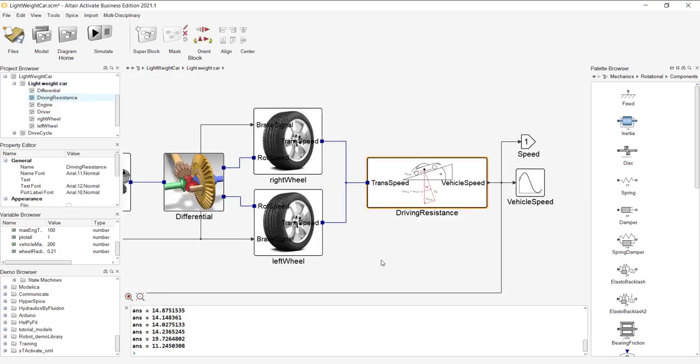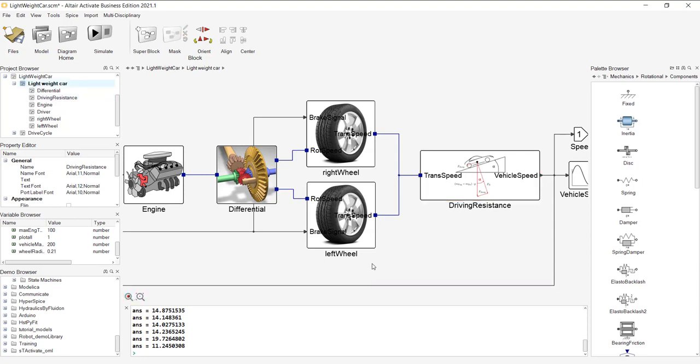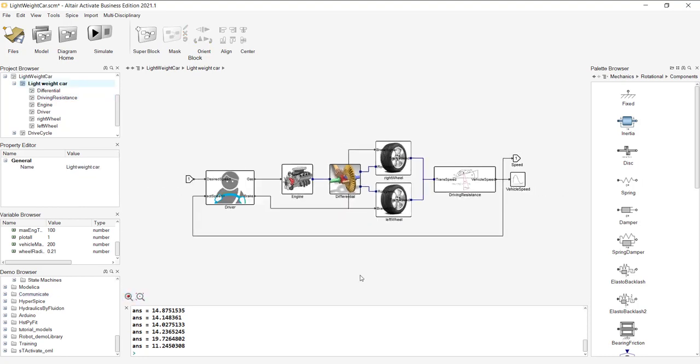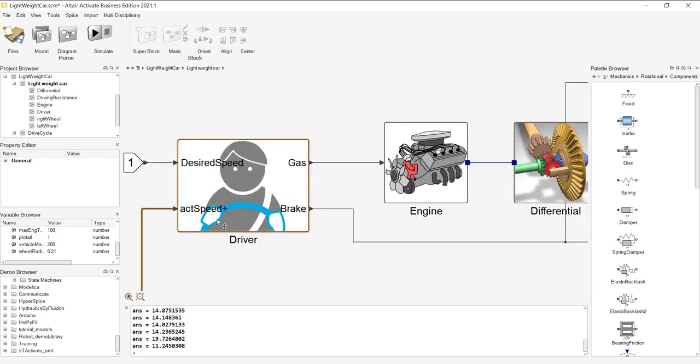So if we zoom out again and zoom out completely, our vehicle speed is now fed back into our driver as our actual speed.